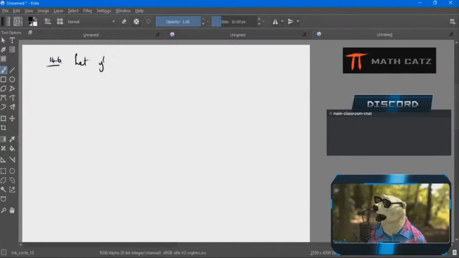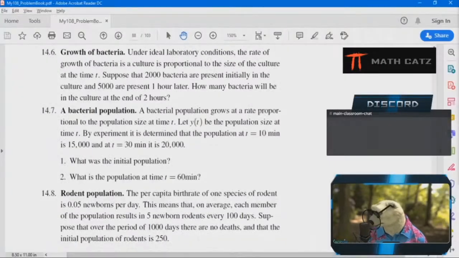Let y, which is going to be a function of time, represent the population size, the number of bacteria, at time t. Now let's see their words here. Under ideal laboratory conditions, the rate of growth of bacteria in a culture is proportional to the size of the culture at that time.